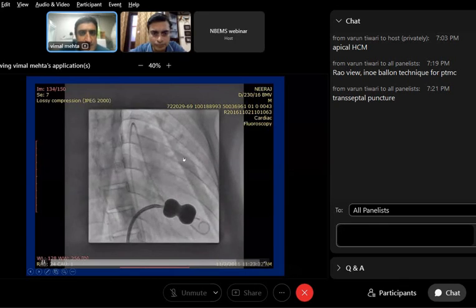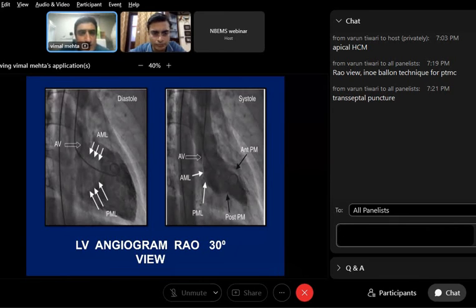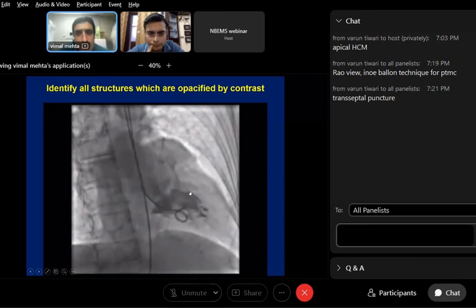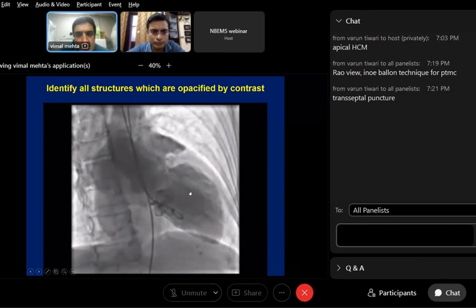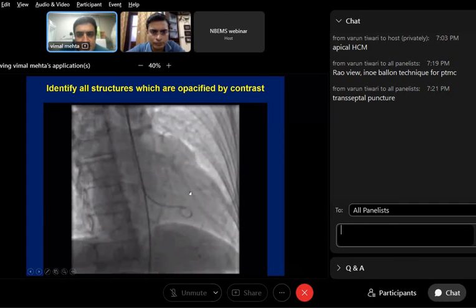So you have to know each and everything. You have an AML over here, PML over here, and in between this is basically the valve in diastole and in systole. By this time you must be aware of this. So identify all the structures.